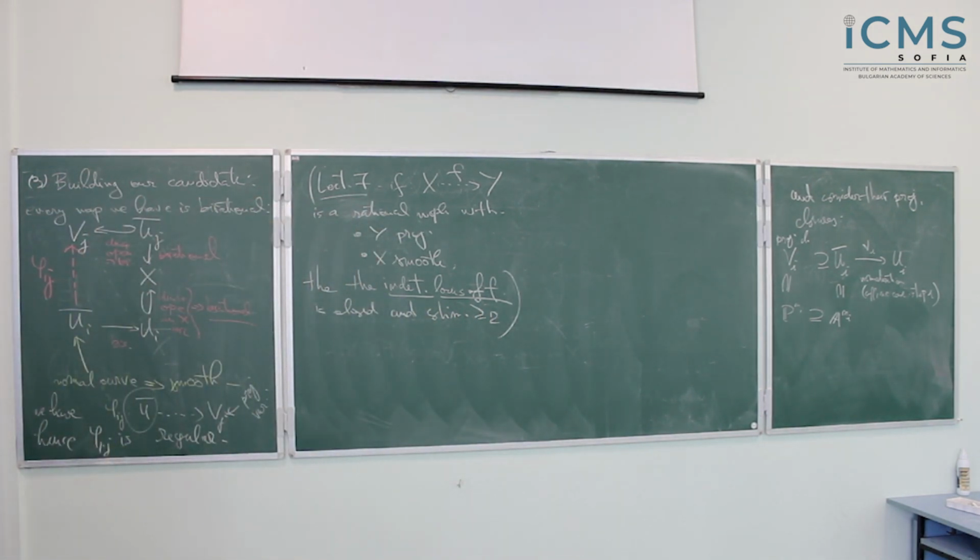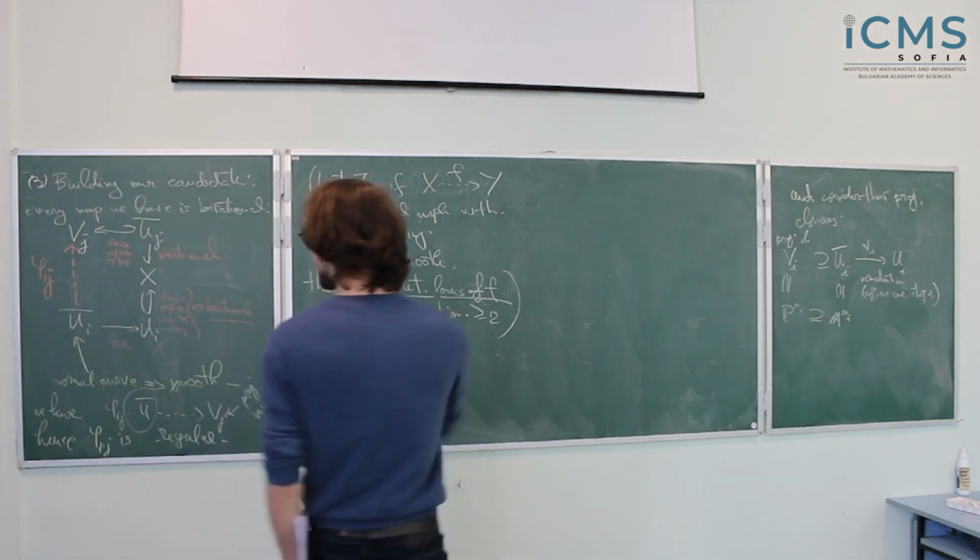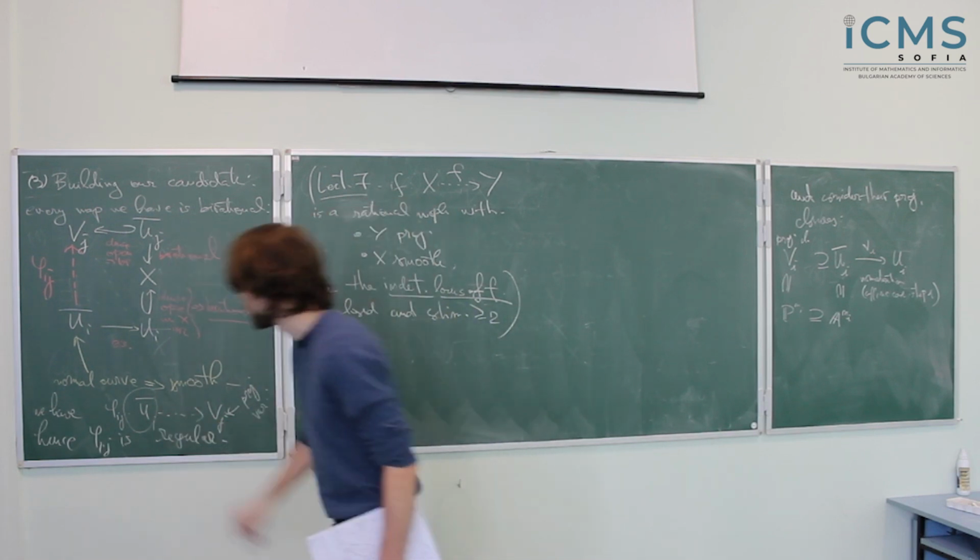Absolutely. What you meant to say here is that the map from U I bar to Vj does not have an indeterminacy locus. Yes, it is regular. It's a regular map, so it's defined everywhere on UI.